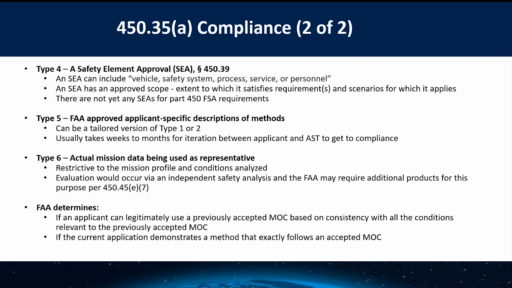This approach may be faster than type 5 to get a license approved, but comes with some restrictions, as it would only be applicable for that mission profile and those conditions that were analyzed through our independent analysis. The FAA may still require additional products for the purpose of performing that independent analysis, as stated in 450.45(e)(7).